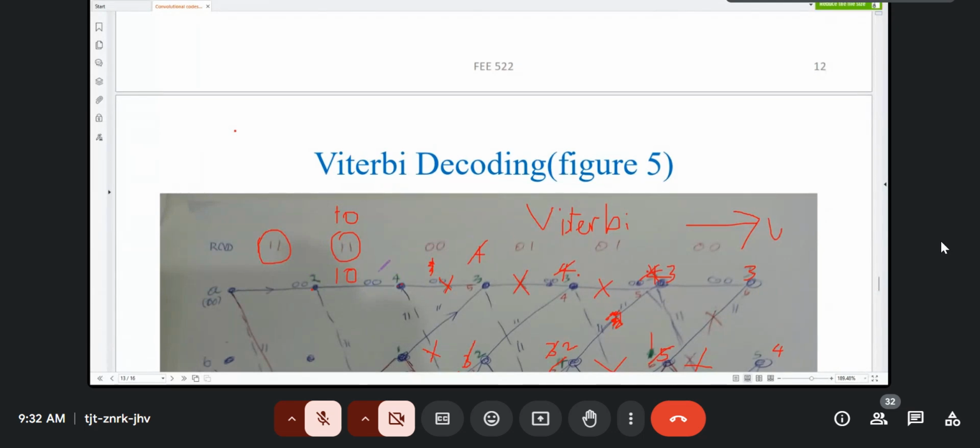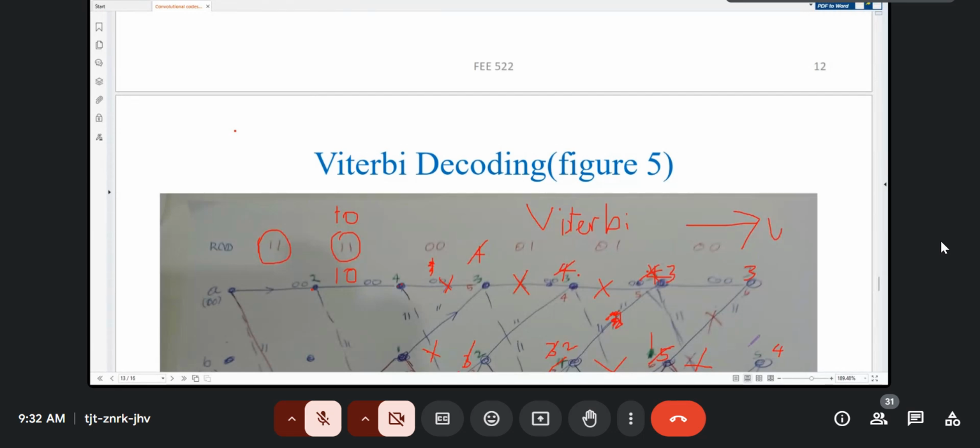Then elimination: whichever metric is higher goes, and the part giving you that higher metric is eliminated.